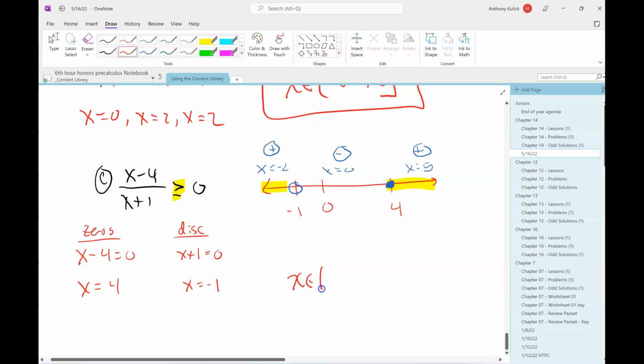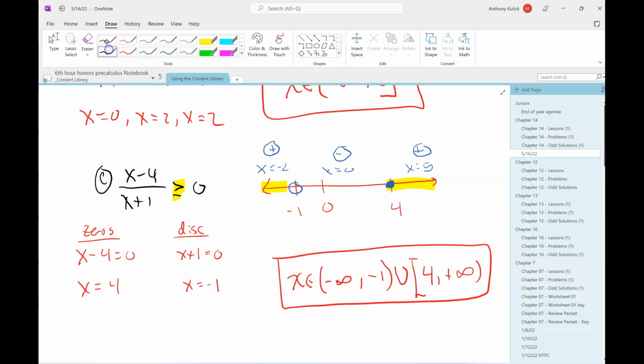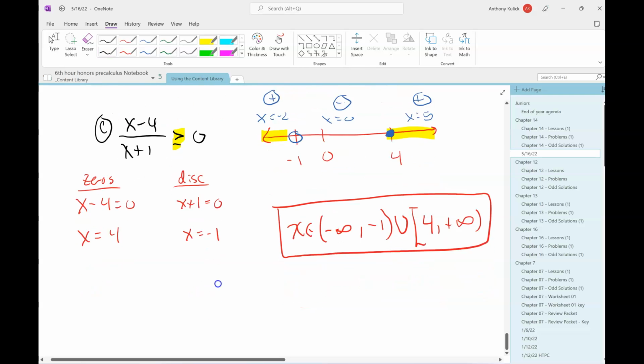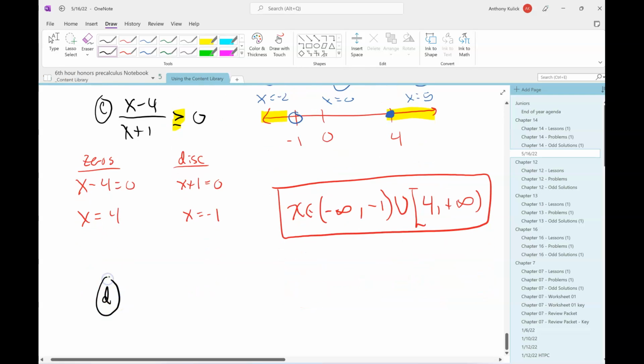So notice that we're having to be careful here again because I get a parenthesis on the -1, but I get a bracket on the 4. Everybody's still okay? Again, not too difficult what we're doing. You just have to be a little bit careful because there's lots of little details in here that can jump up and get you.